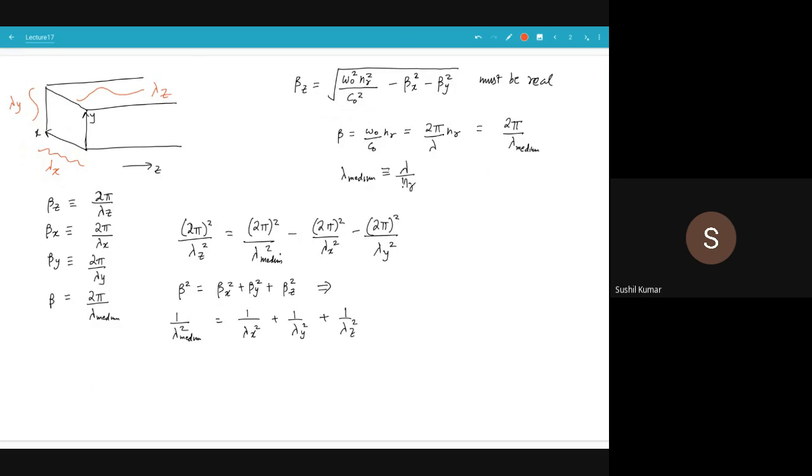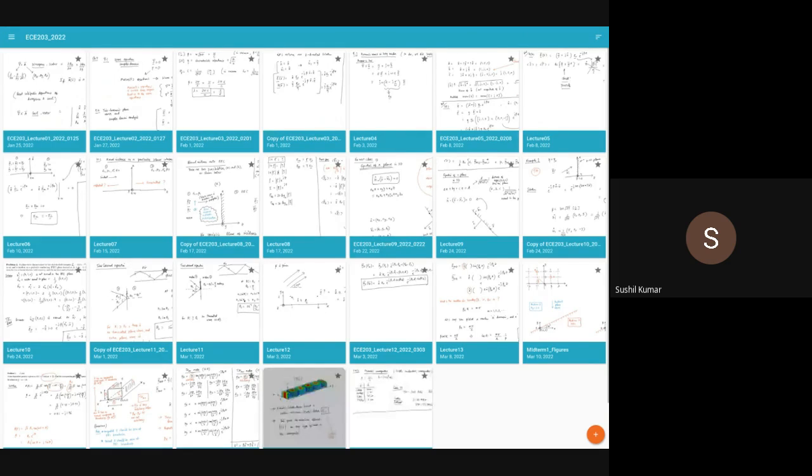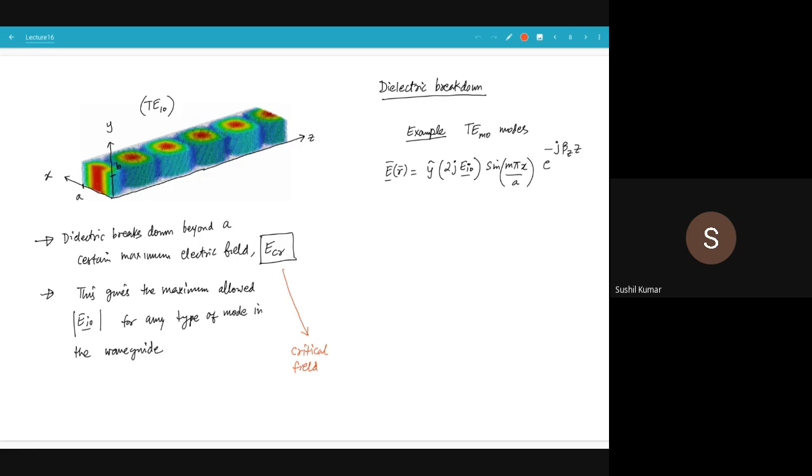So if I go back to my picture from last time, what is lambda x for this mode? Along x, what's the wavelength for this mode? 2a. Can everyone see why 2a? Because this is half lambda. So that means lambda x is 2a.